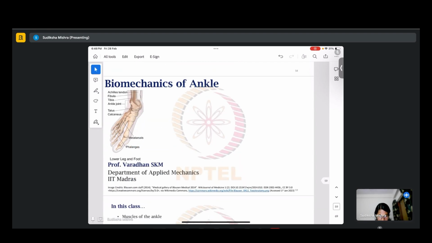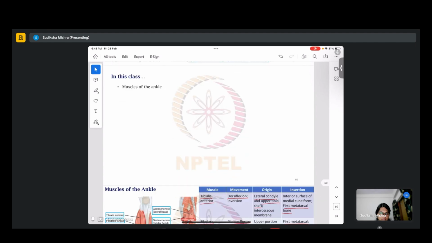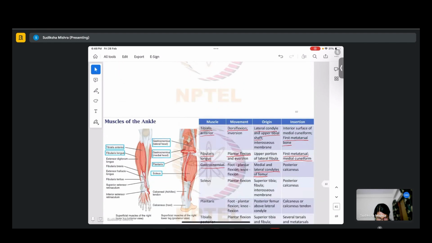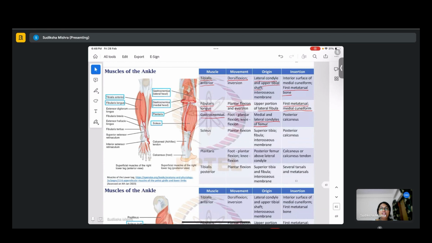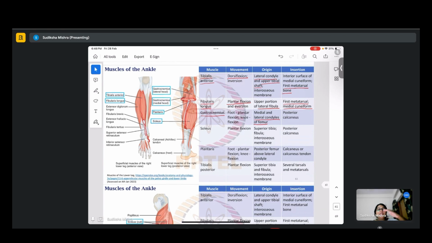Now, coming to the muscles of the ankle, there are several muscles that insert into the ankle. However, their origin points will be in the tibia, might be in the upper tibia, somewhere near the knee. The first muscle that you'll find inserting into the ankle is tibialis anterior, which is here.